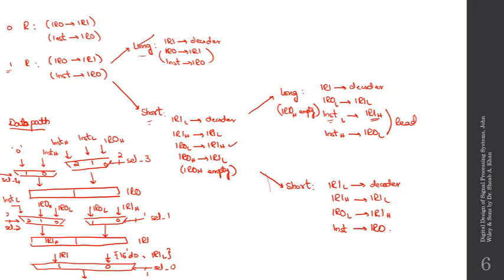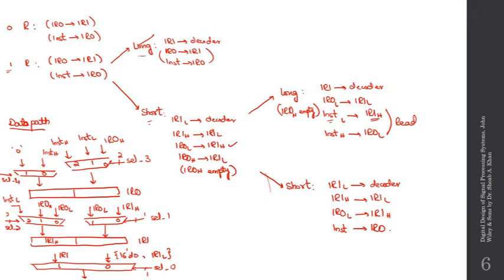If it's going to be the first short instruction, in that case select 0 will be set to 0, so that the short instruction passes, and select 1 will be set to 1, so that IR1H goes into IR1L. Similarly, select 2 goes to 0, so that IR0L moves to IR0H, and select 3 will also be 0, so that the higher part of IR0 moves to the lower part.